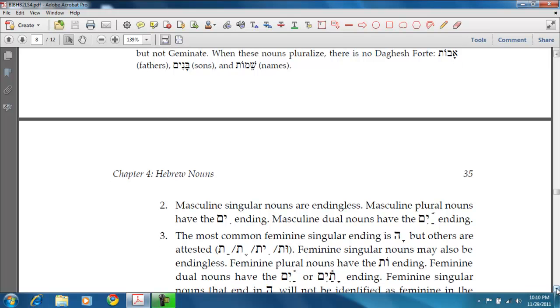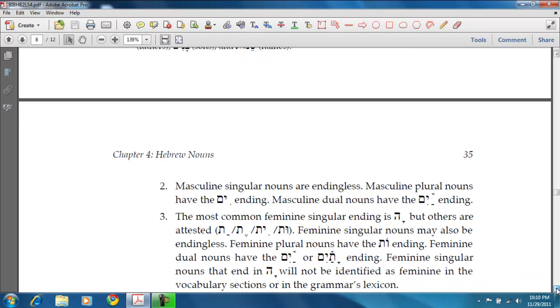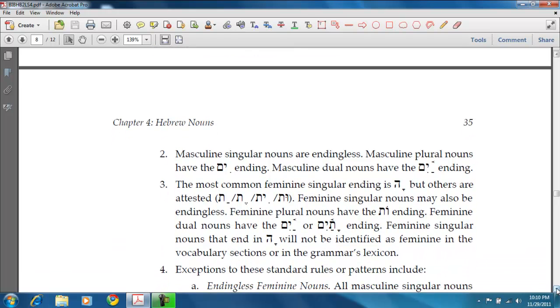Masculine singular nouns are endingless normally, although we do have some masculine nouns that do have some feminine endings and vice versa, and some feminine nouns are endingless also, but that's just few and far in between. Masculine plural nouns have hirik, yod, mem sofit, or final mem as their plural endings.